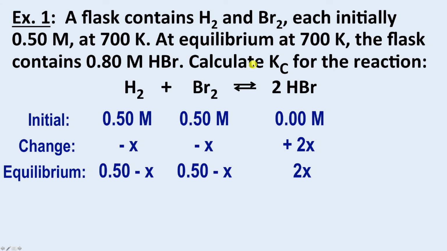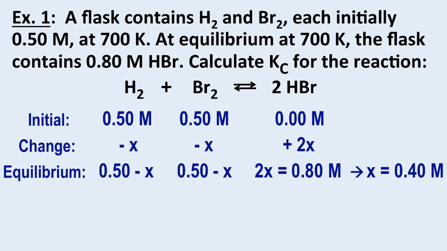Now note, the problem tells us that at equilibrium, the flask contains 0.80 molar HBr. So 2x is actually equal to 0.80 molar. Well, if 2x is 0.80 molar, then x must be 0.40 molar.